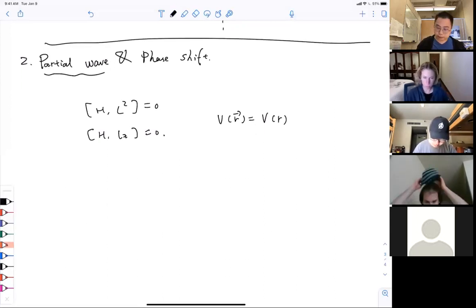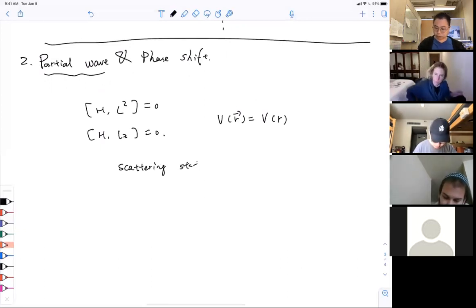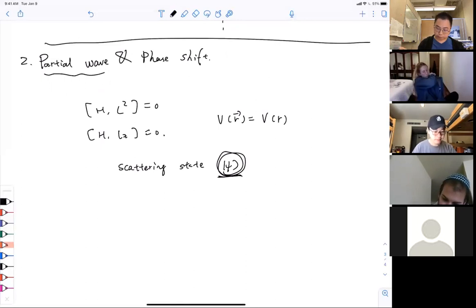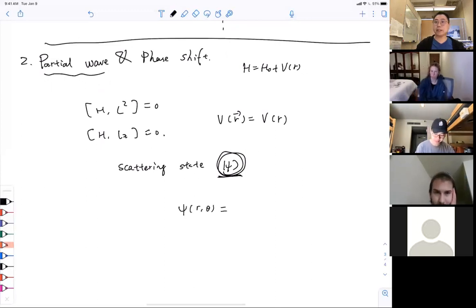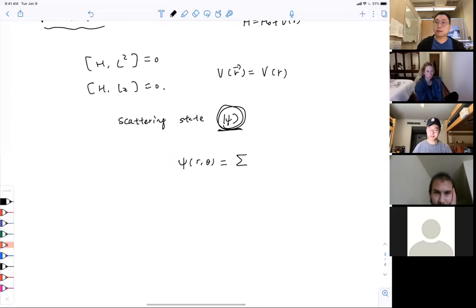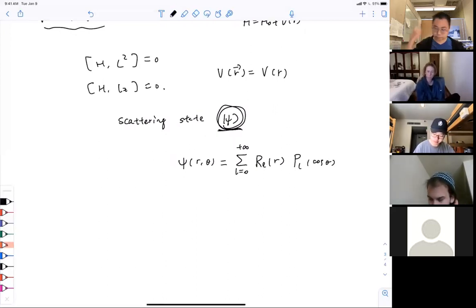That also means the scattering state, which is our goal, remember, our goal is to find the scattering state of the problem, can be expanded in this kind of form, something like this, because of this symmetry.